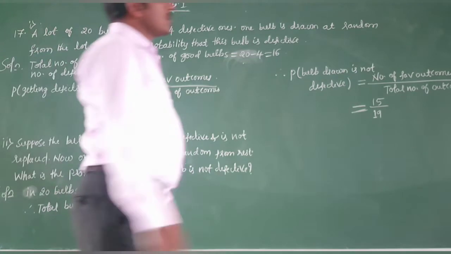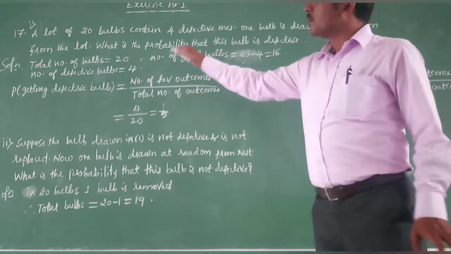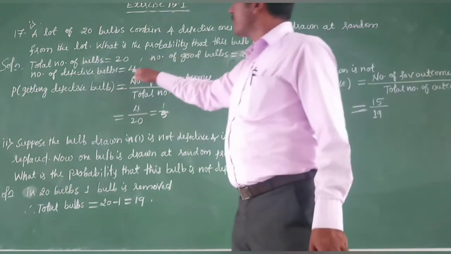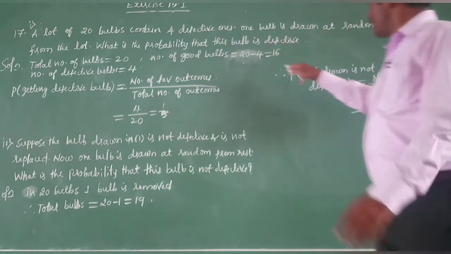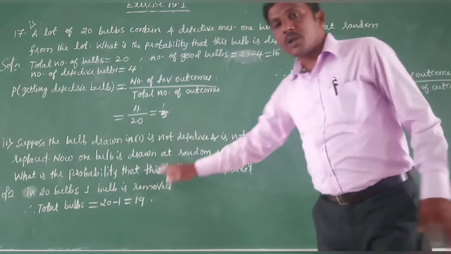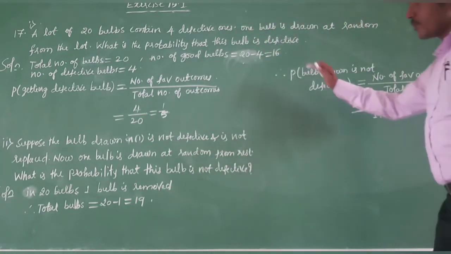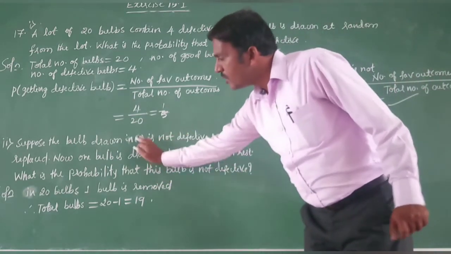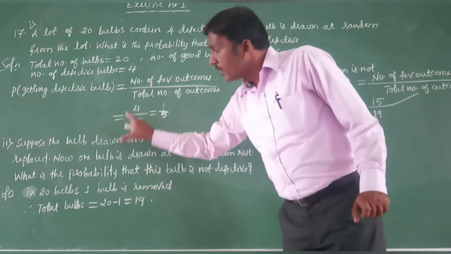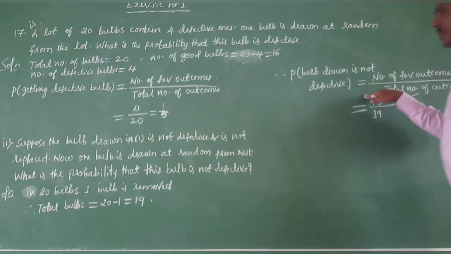That gives us 15 divided by 19, because the number of defective bulbs is 4 and good bulbs are 16. One you have to remove there, that gives us 15, and in the total also you remove one, that gives us 19. So 15 by 19 is the probability that the bulb drawn is not defective. A bit of confusion here. Try to understand. Read this question and understand it according to the question, and then write the solution.